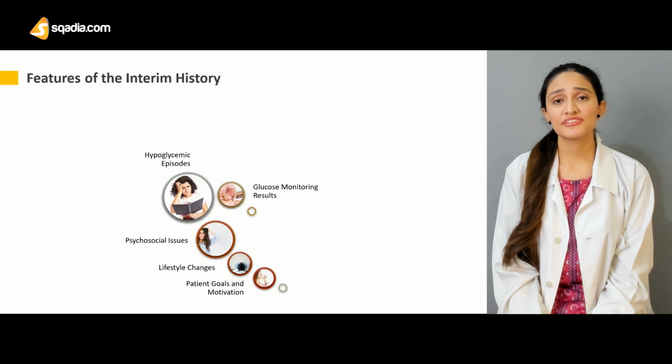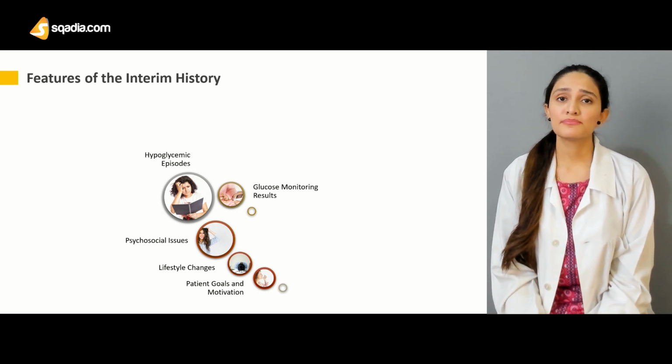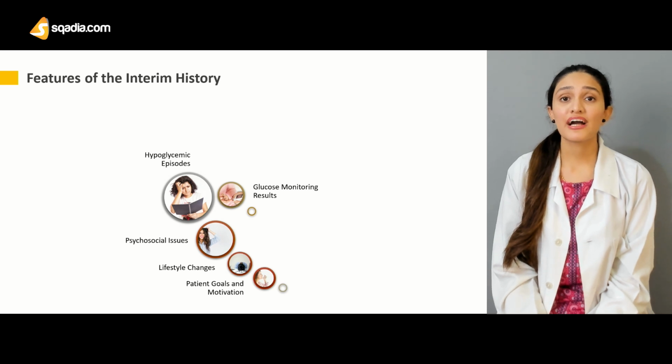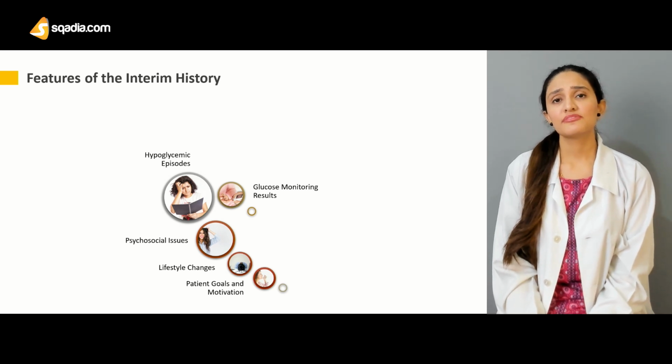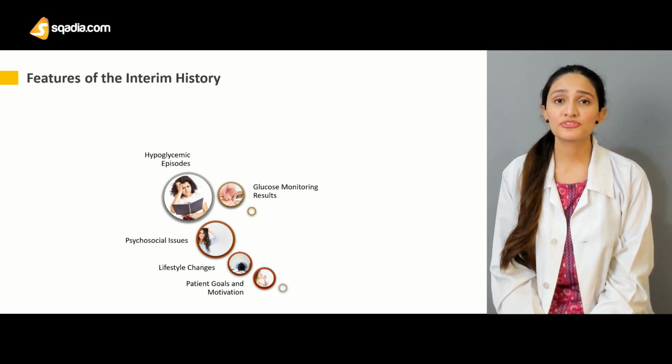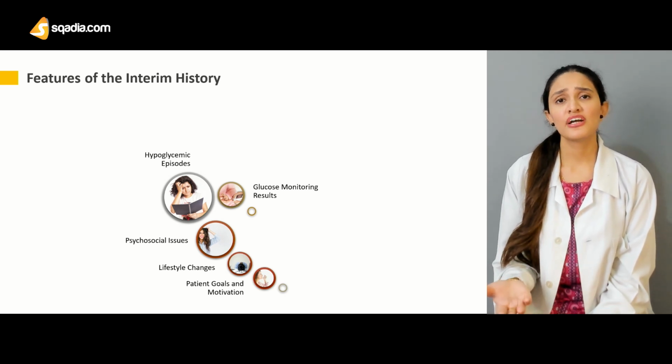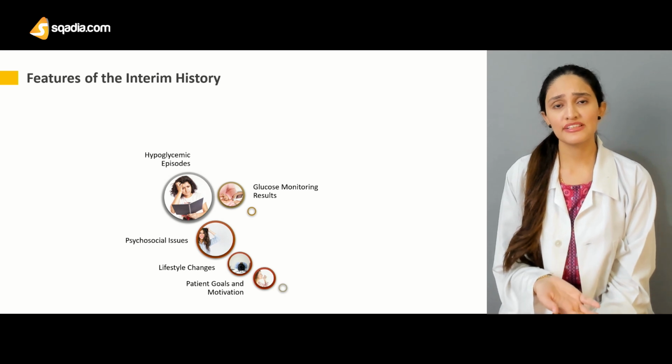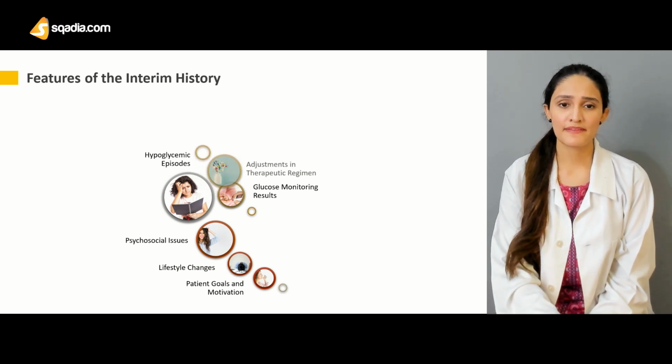For example, a patient taking oral diabetic agents and having to take insulin. It's very, very possible that the patient might have the complication, which is hypoglycemia. So it's very important to ask the patient if he has any episodes of hypoglycemia in order to probably reduce the insulin units or to give up one or two of the oral agents.